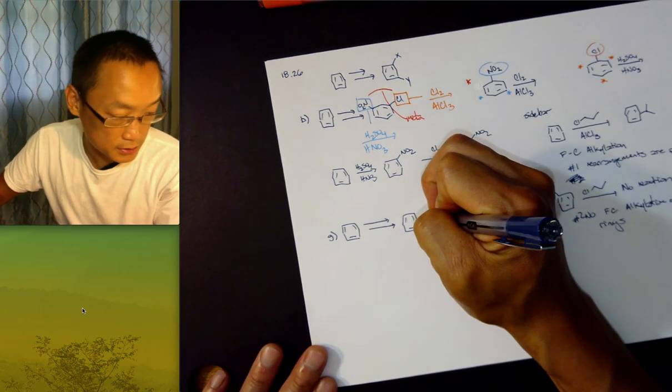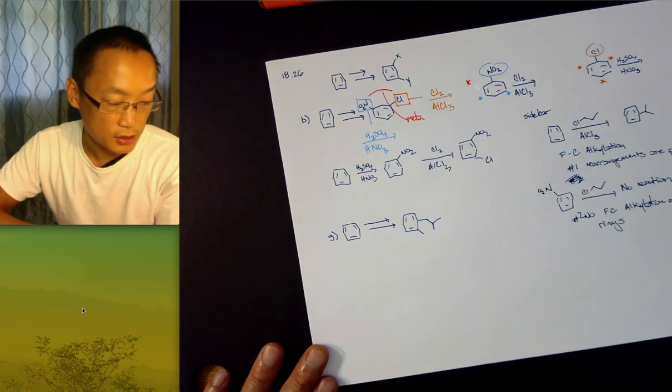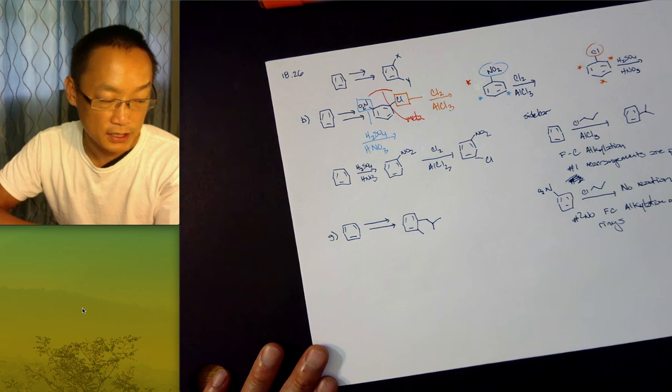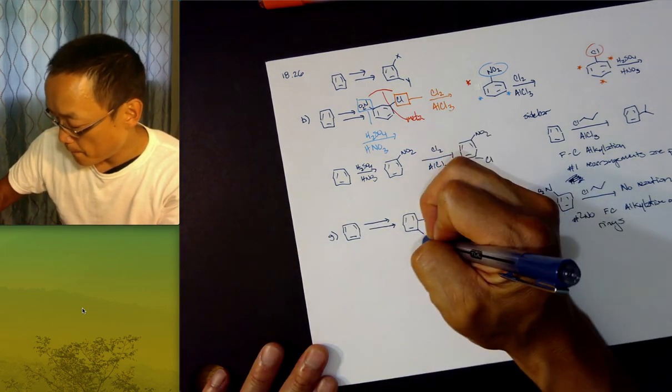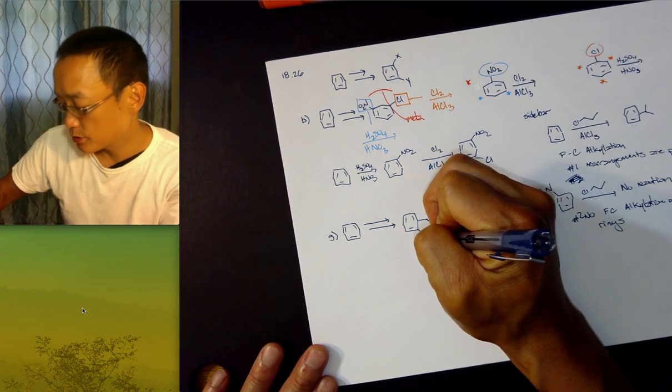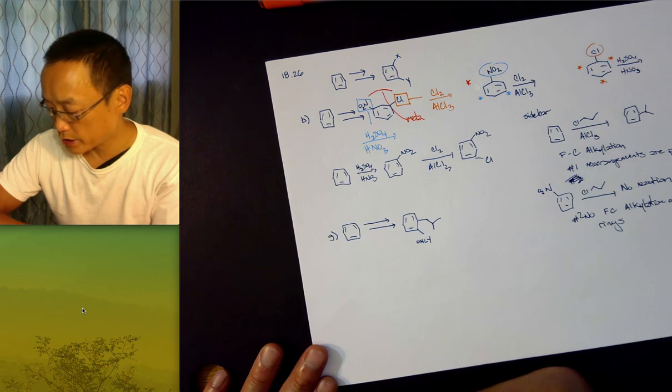Looking at something like this, could we synthesize this molecule, and I'm also going to write this only as a product. And so let's just take a look at some of these things that we would have to do.